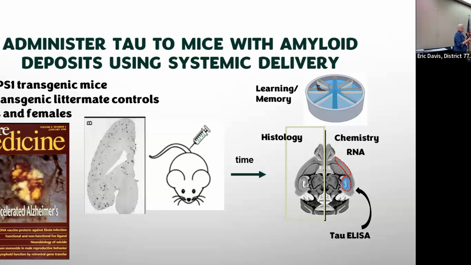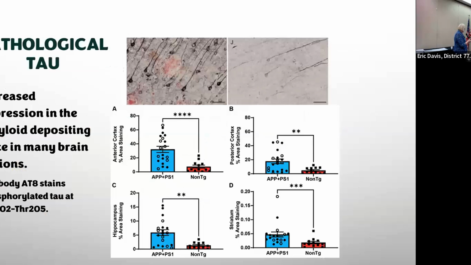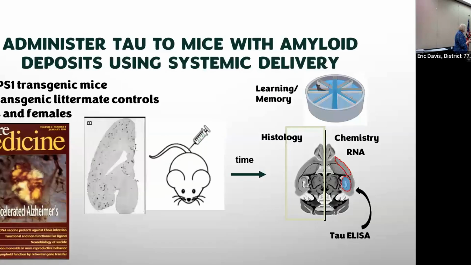So it's not like we put a human gene in there, but we use the sequencing information to construct an artificial gene, right, that has the same sequence as a human gene. And so we put the tau into the animals that already have the amyloid or don't, and then we wait a period of time for them to develop their tau pathology as well.